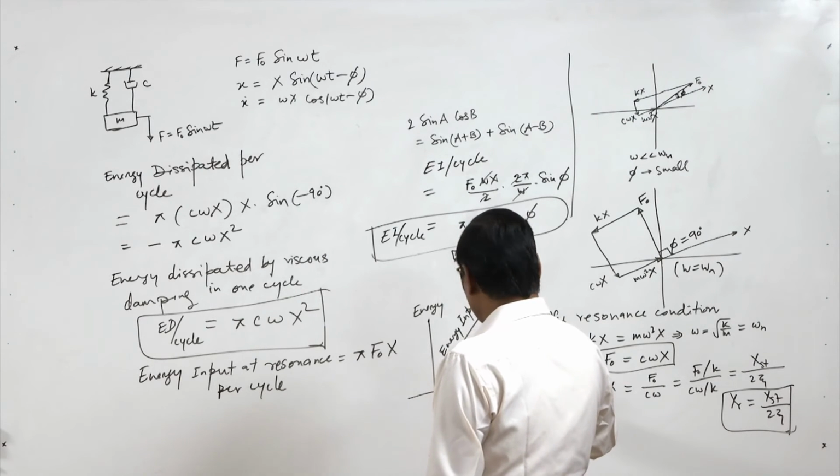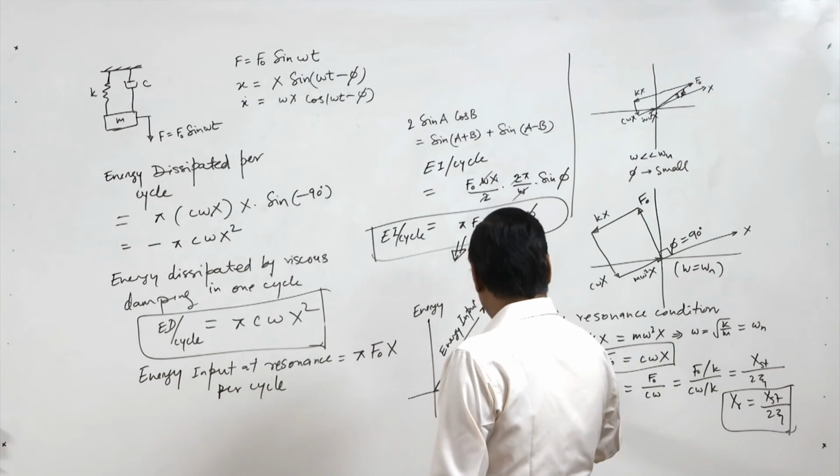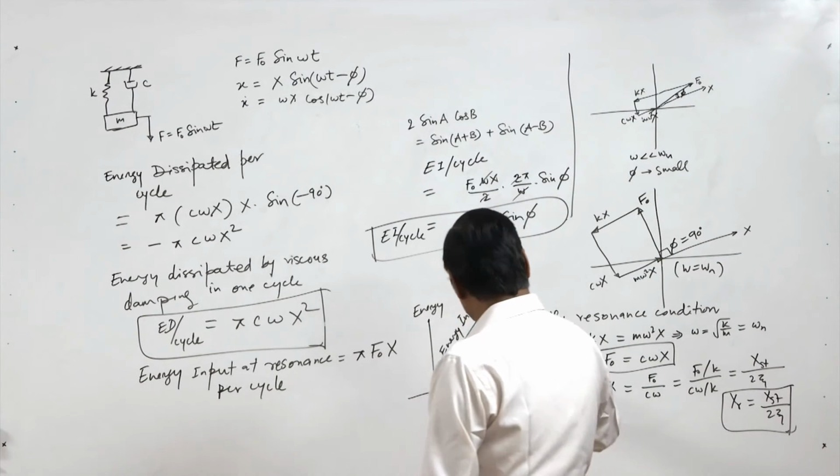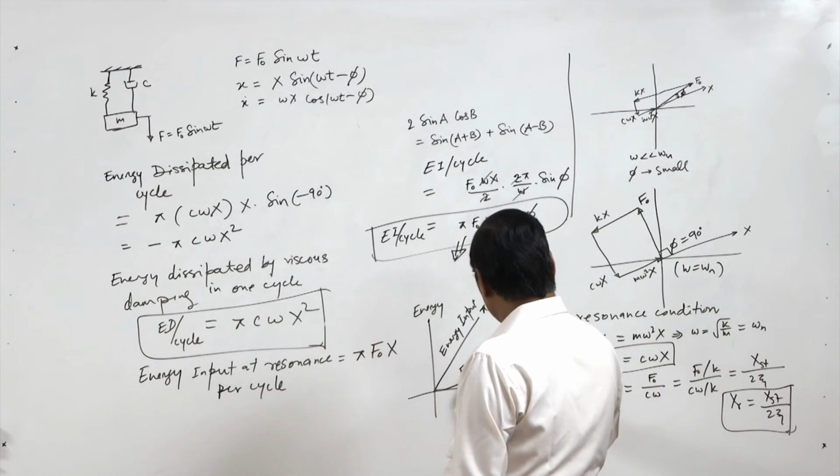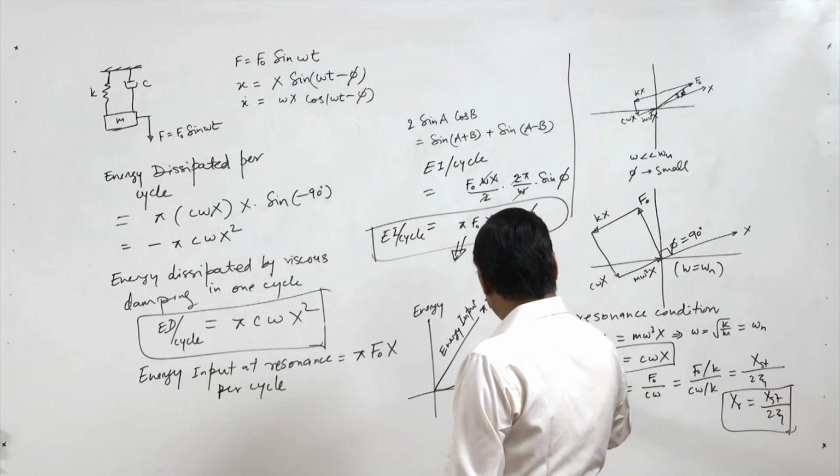This is pi c omega x square, so this is the energy dissipated.